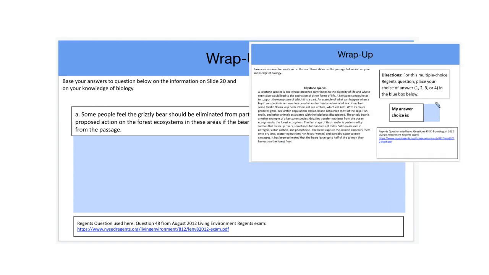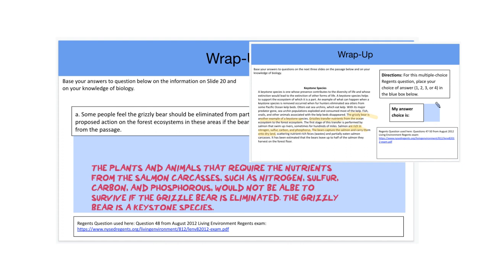We also read that bears are very important because when they capture salmon and carry them onto dry land, they also carry with them the nutrients from the salmon, such as nitrogen, sulfur, carbon, and phosphorus, and that allows other plants and animals that live in the forest to survive. All right, let's look at the next question together.